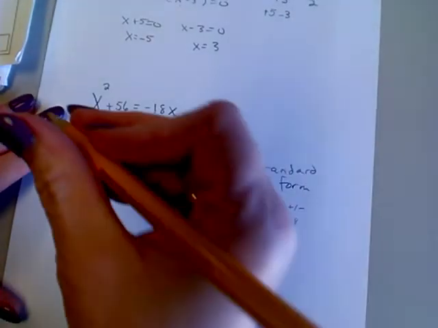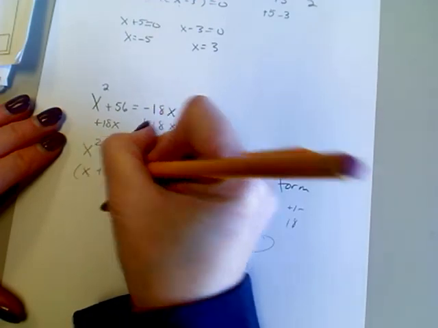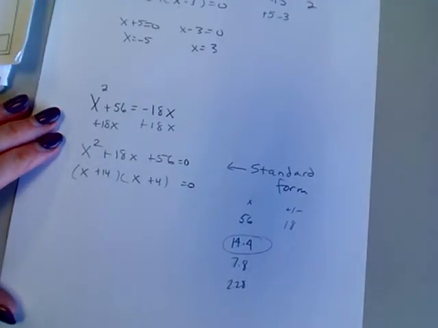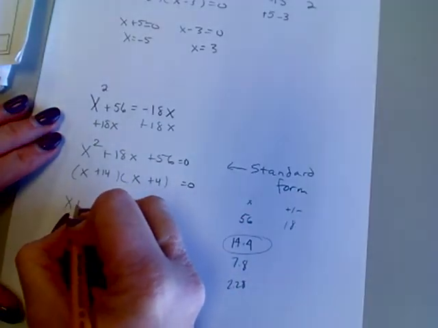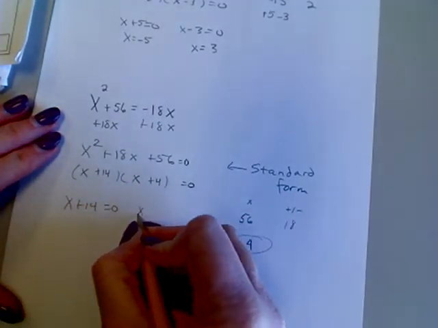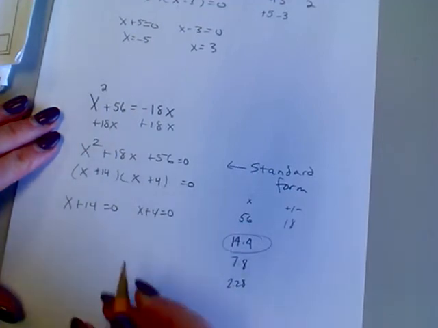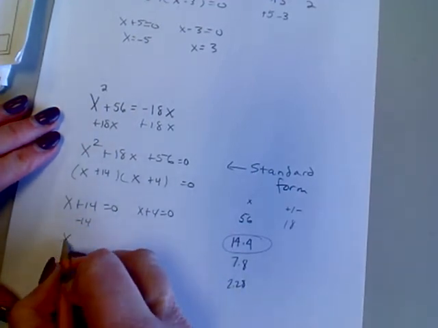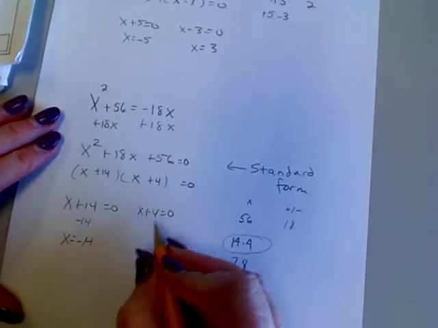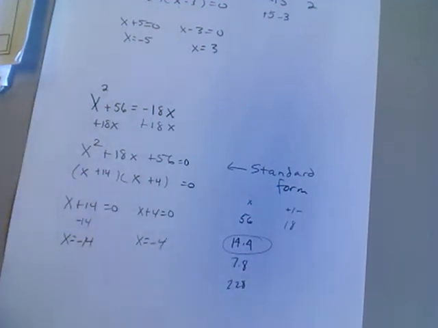Okay. So it's the 14 and 4. So do plus 14 plus 4. Set each of those equal to 0 and solve. So x equals negative 14. X equals negative 4.